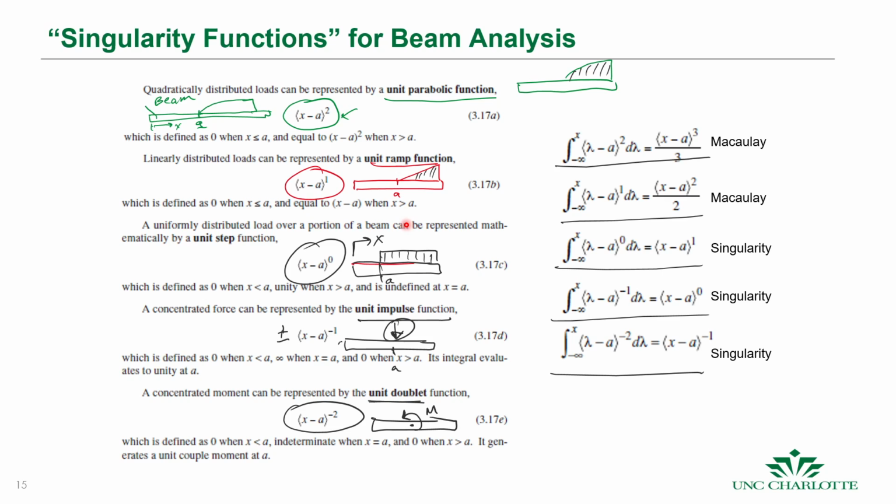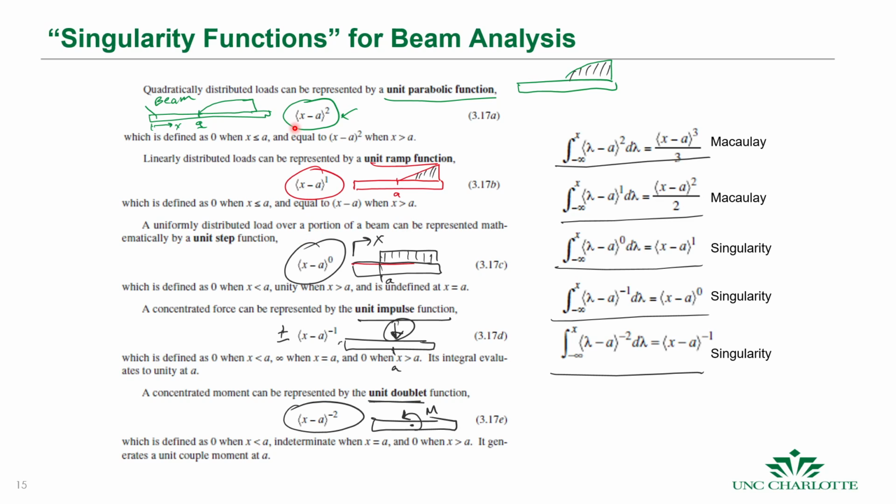Okay, now this is taken from your book, and we're going to get to the point in a second, but I think it's also important for you to know where these equations come from. So we can represent different loads with these functions.